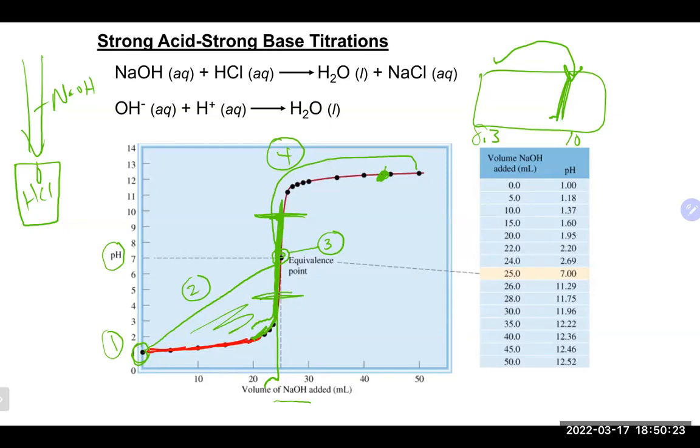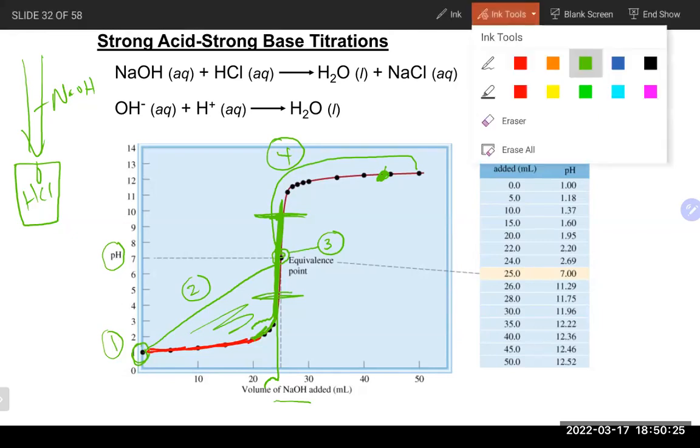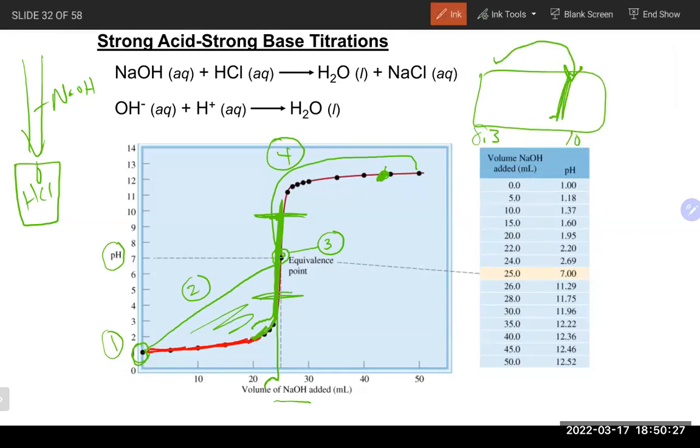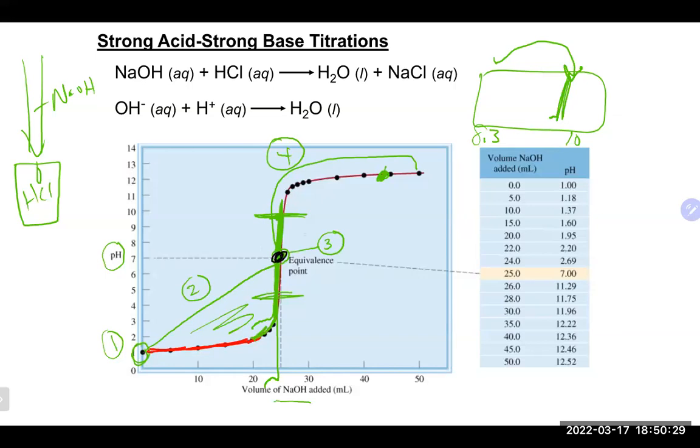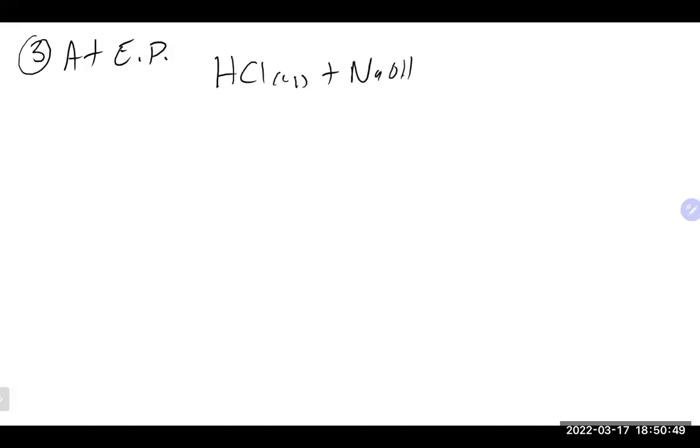All right, so let's talk about what happens at the equivalence point in this type of titration. That would be right here at number 3. So at the third point here, which is the equivalence point, we're going to still have our reaction of HCl plus our sodium hydroxide.